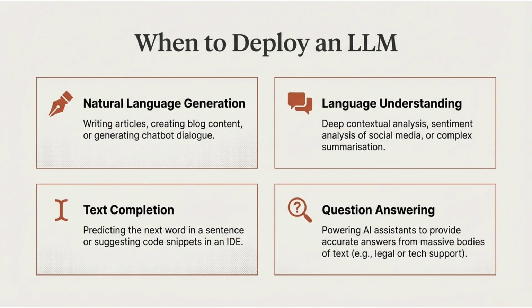LLMs can perform text completion, predicting the next words in a sentence, or suggesting code in an editor. Another important application is question answering, where AI assistants provide answers from large collections of text. These capabilities make LLMs valuable in customer support, research tools, and intelligent assistants.